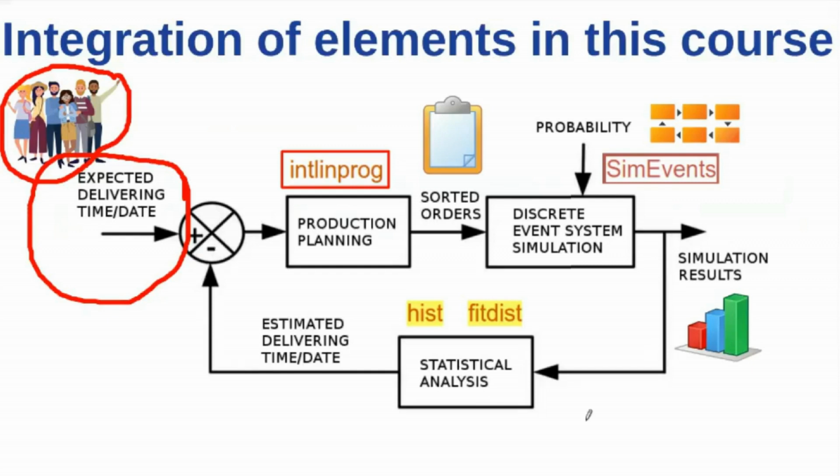As you can see here, this is the classical feedback representation. It's a block diagram that shows us the direct chain and the feedback chain, so it's a feedback loop. What are we doing with this expected delivering date? We are comparing it with the estimated delivering date.